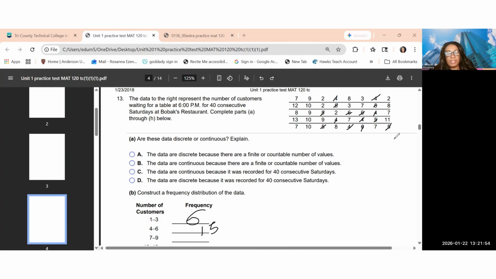Okay, now from 7 to 9, we're looking for 1, 2, 3, 4, 5, 6, 7, 8, 9, 10, 11. So there are 11 numbers between 7 and 9.